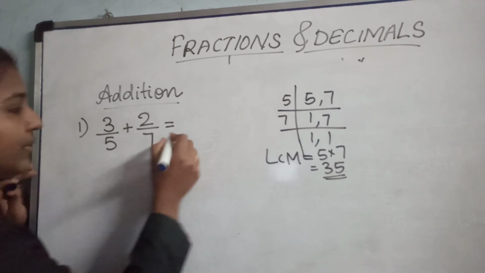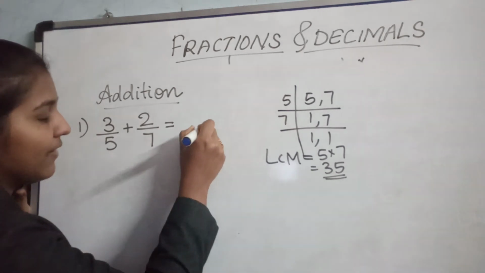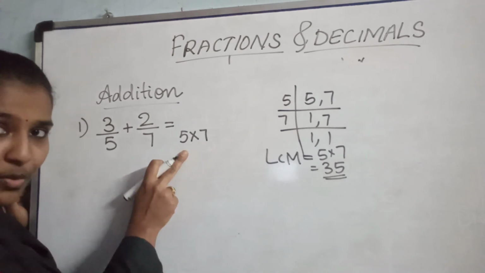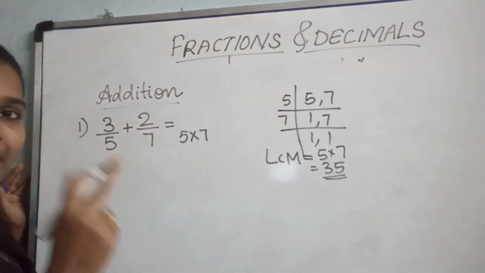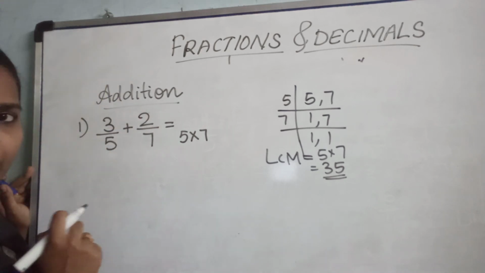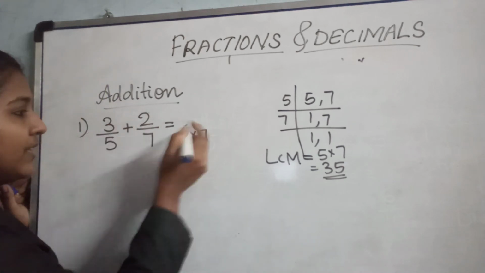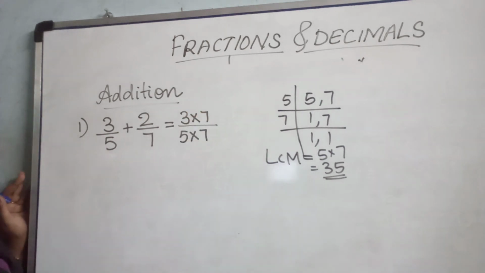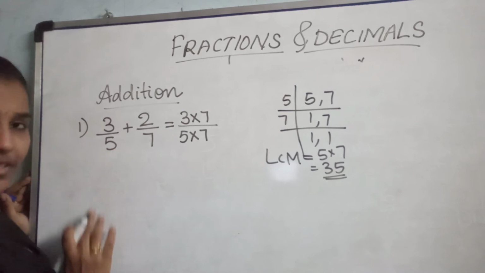So you can do that 5 into 7. When you are multiplying a number at the denominator, you should multiply the same number with the numerator also. Okay. So here the numerator is 3. So you multiply 3 with 7 also. Okay. Now the first part is over.